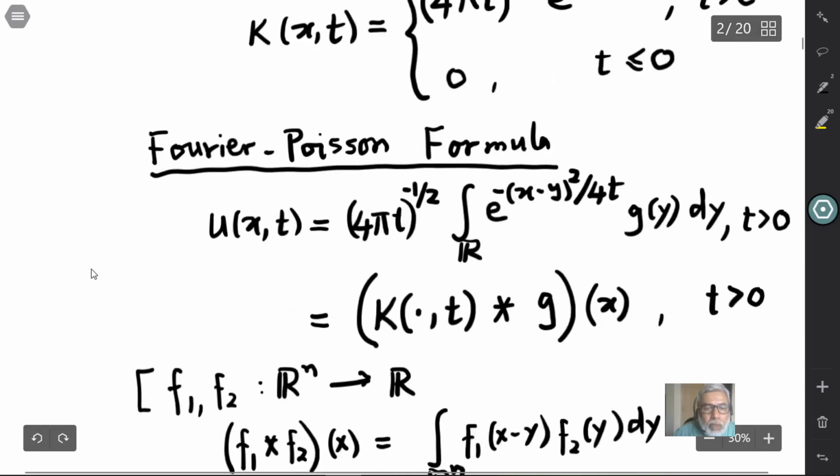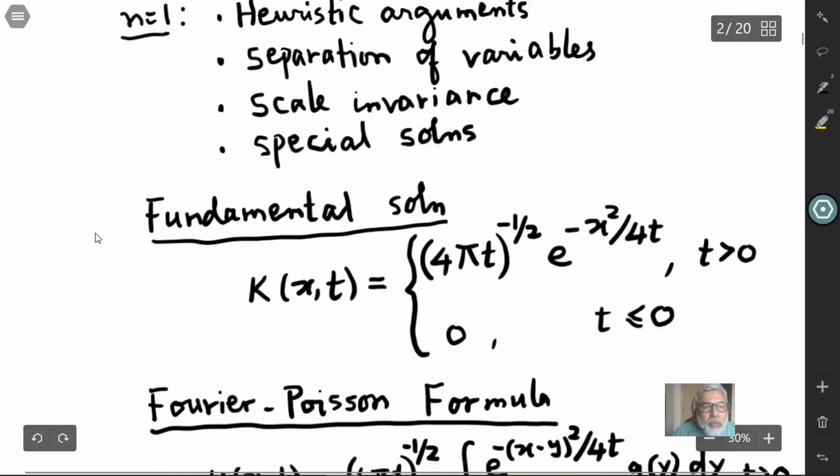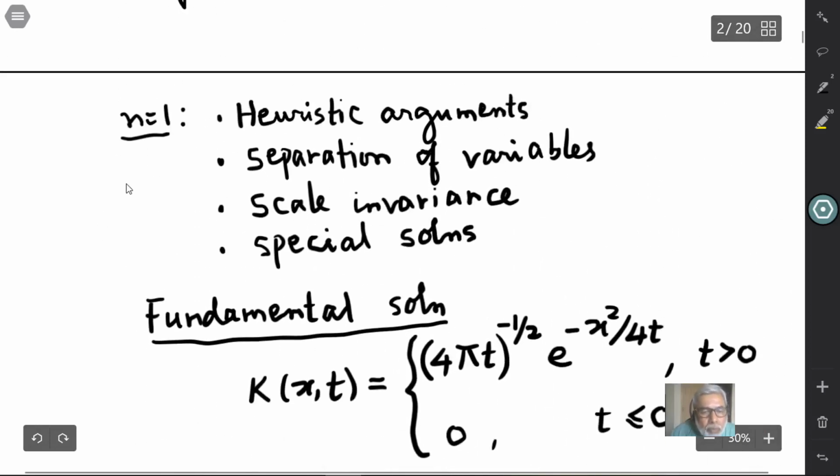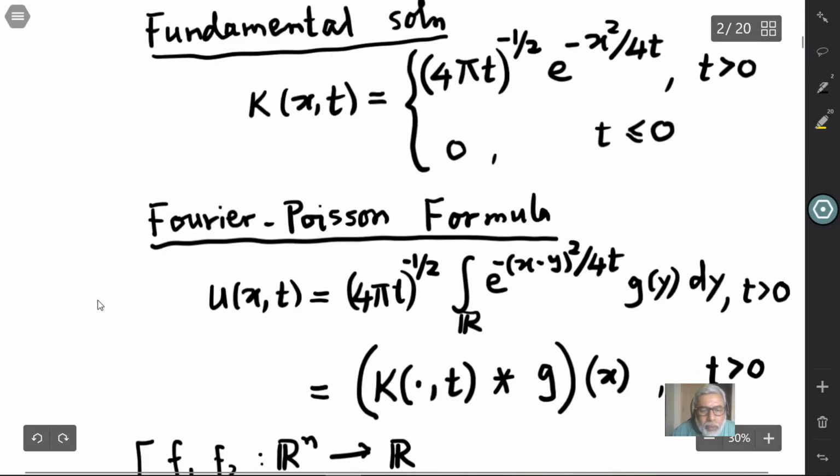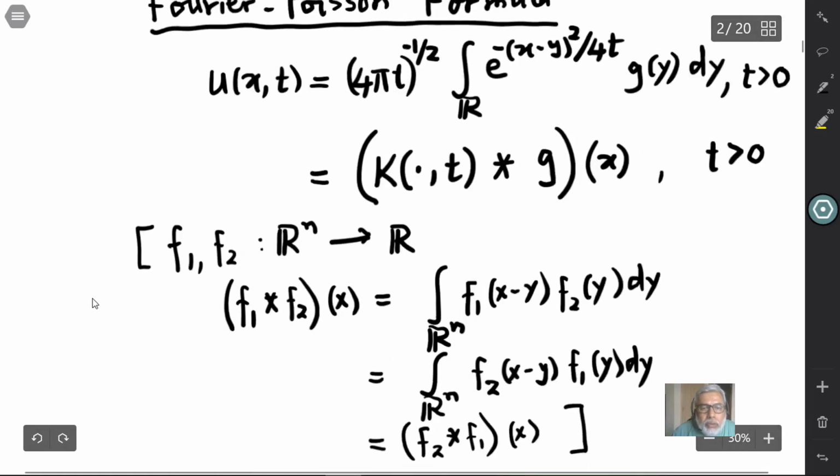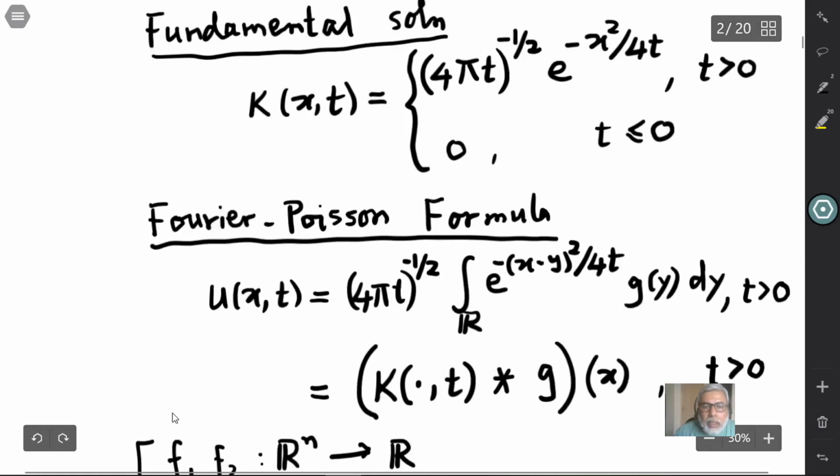Okay. So this was the case n equal to 1, and what we really showed was, let me call these equations 1 and 2.